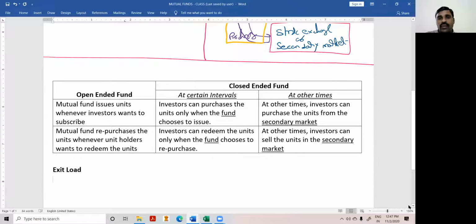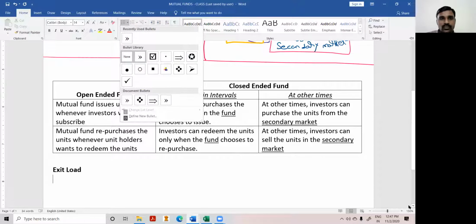But in case of open-ended fund, there will be a continuous disturbance to the investment portfolio. Look at this point.